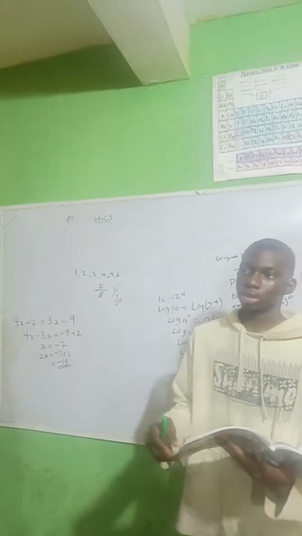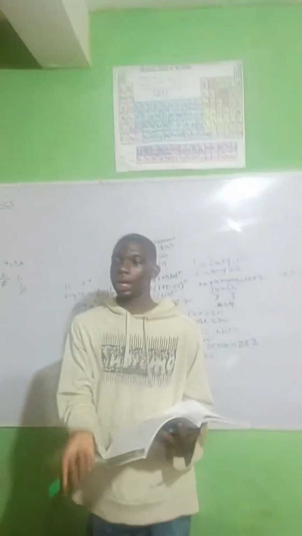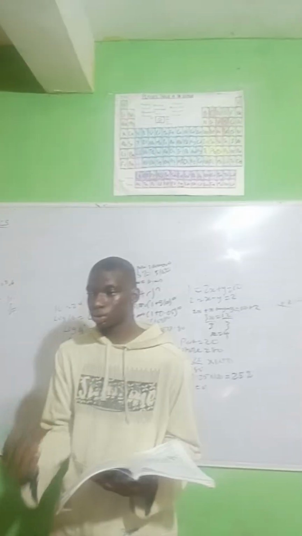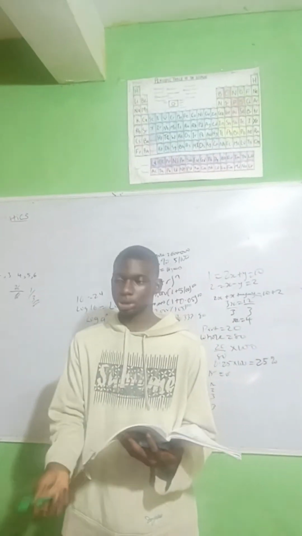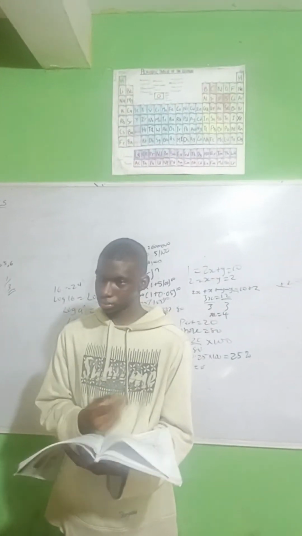The next question: a die is thrown once. What is the probability that the number that turns up is a multiple of 2?